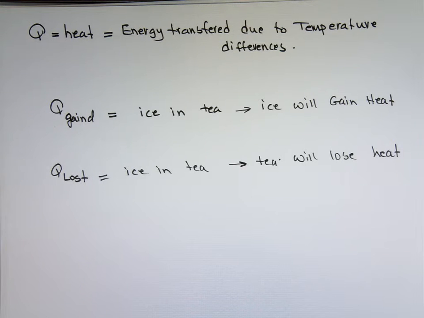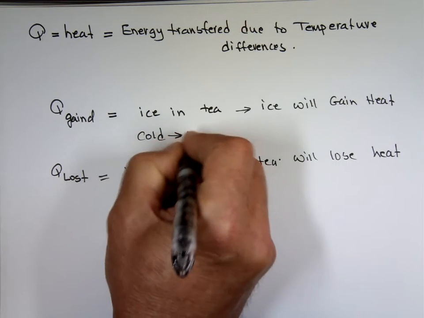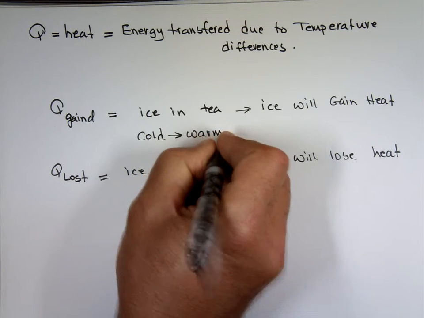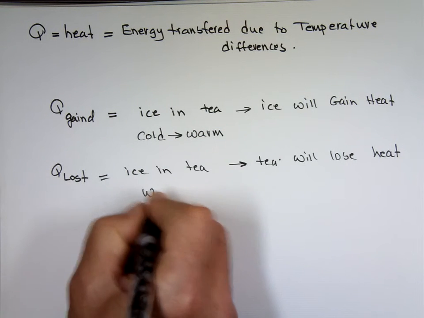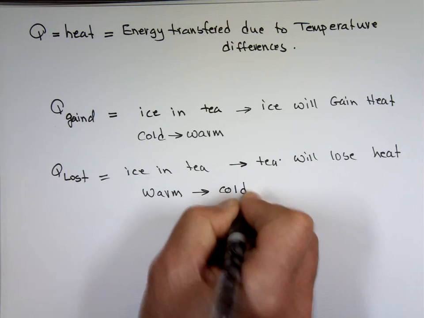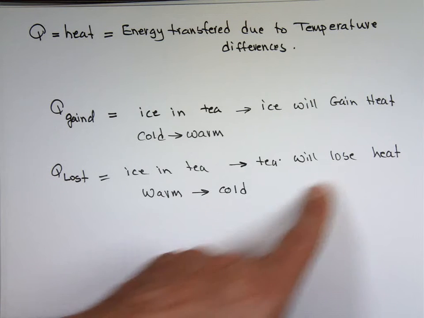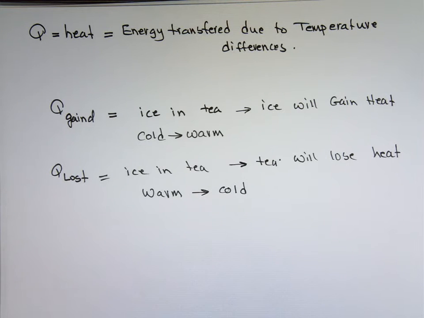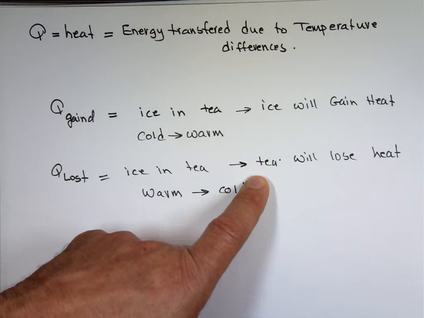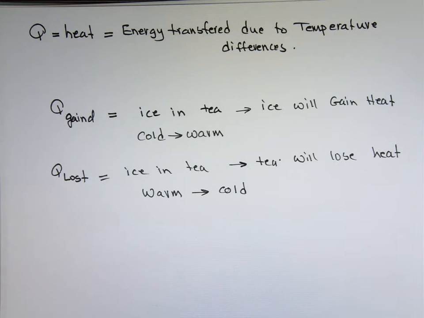When you go from cold to warm, you're gaining heat. When you go from warm to cold, you're losing heat. The tea is warm, it's hot. You put the ice in it, the tea will get colder. You go from warm or hot to cold, that's Q lost. This is Q gained.